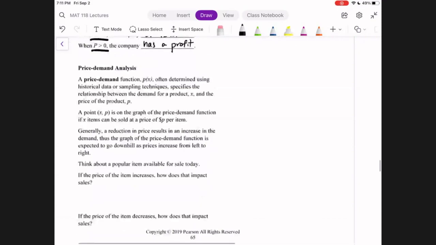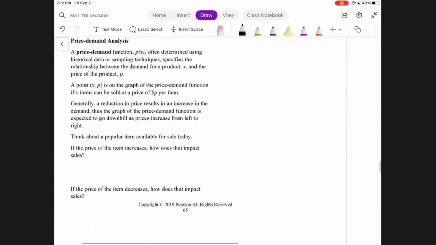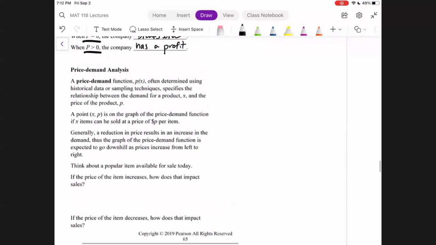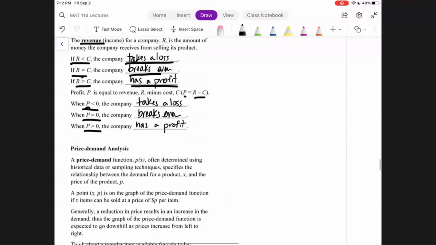So one thing you want to think about is when you work on these word problems, that you understand what they're asking you. You want to think profit is capital P. And they have a tiny p here, which is for the price demand.